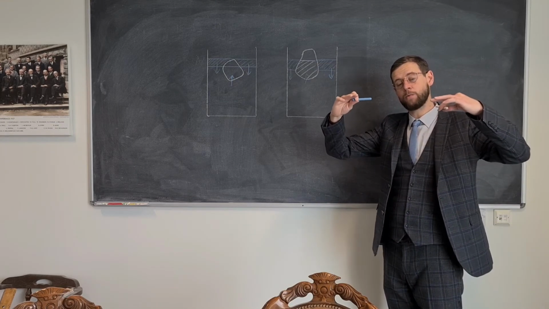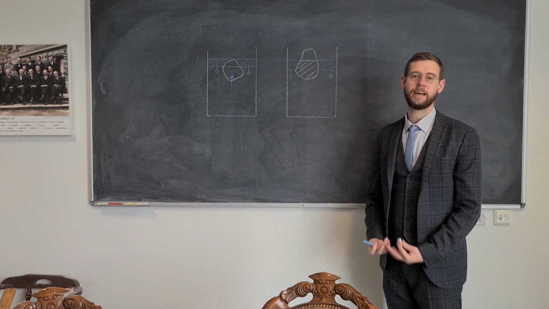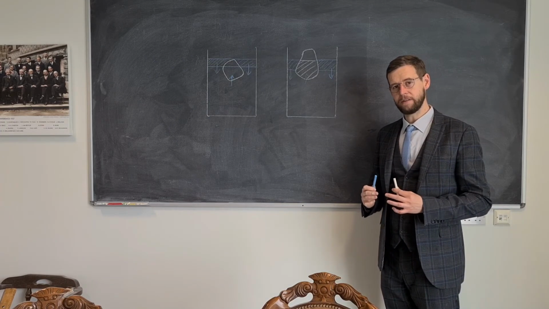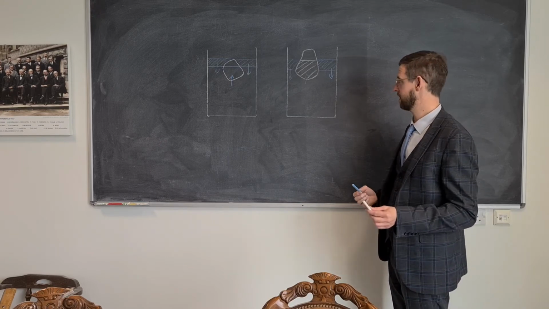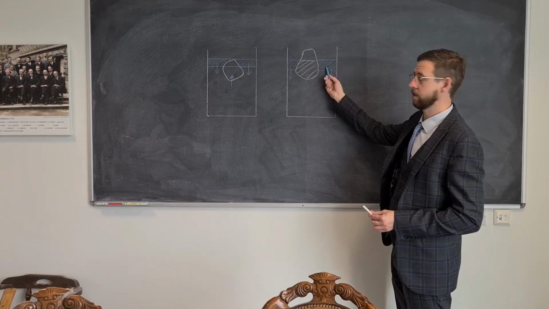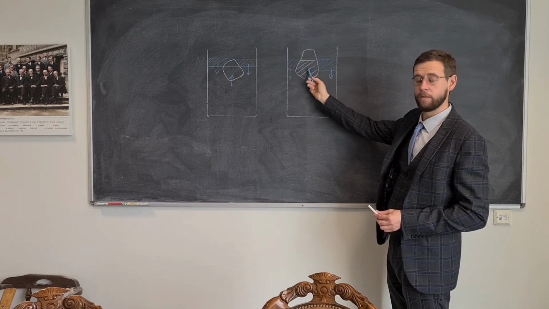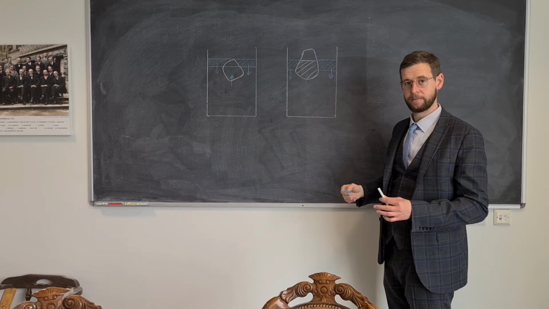The weight of that water being displaced acts down and pushes up the object. So the level of the water on the object, well, that is determined by this. When the weight of the water displaced equals the weight of the object, then there is a balance.